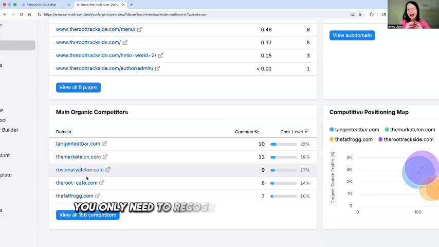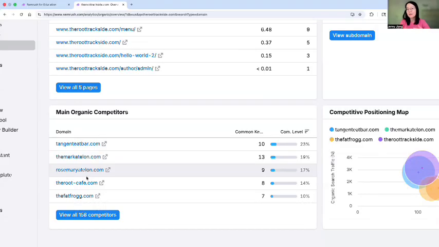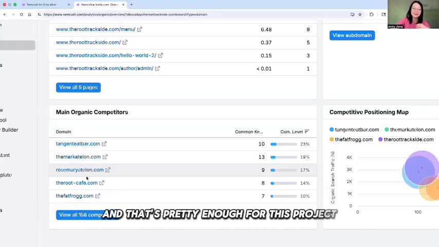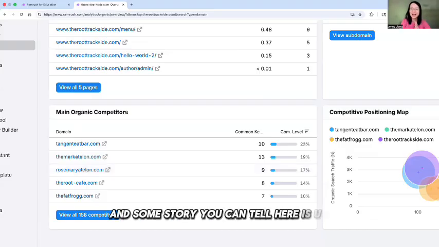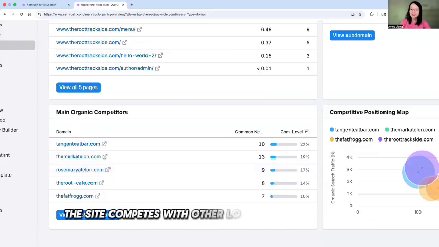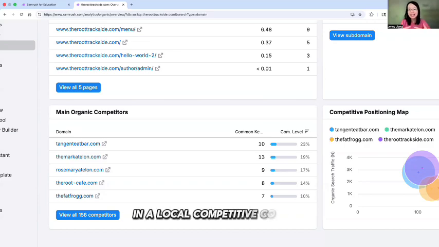You only need to recognize that this is a local SEO competition environment, and that's pretty enough for this project. And some story you can tell here is the site competes with other local restaurant websites in organic search, which means its SEO should be understood in a local competitive context.